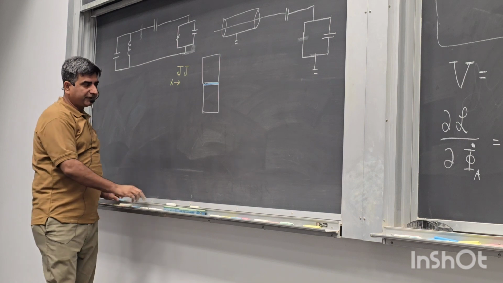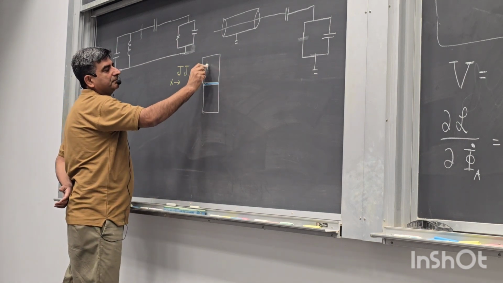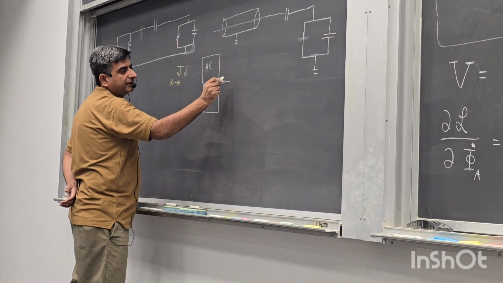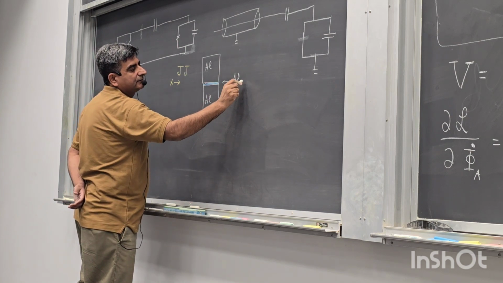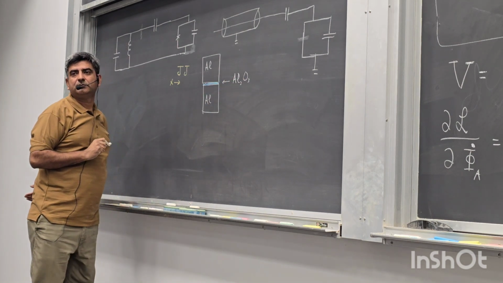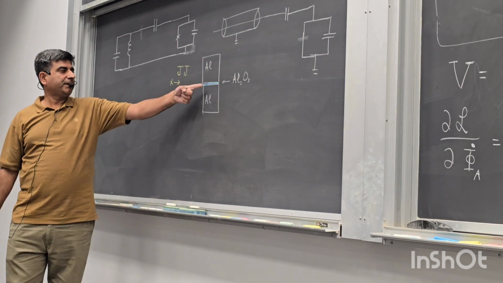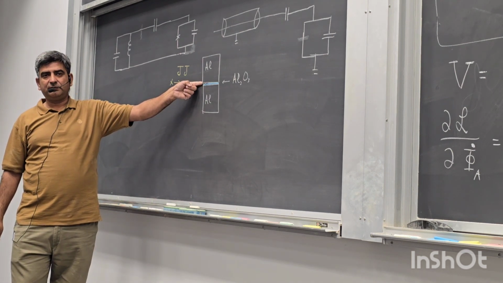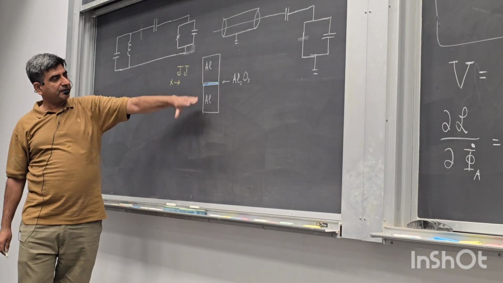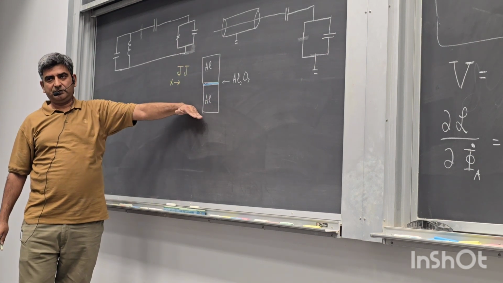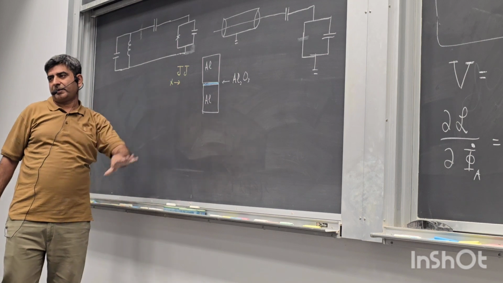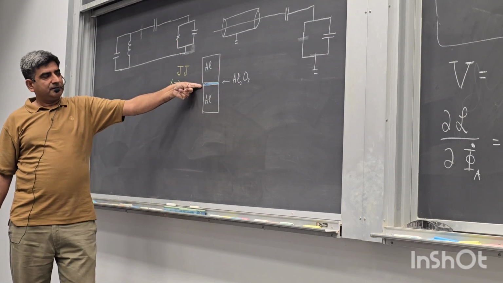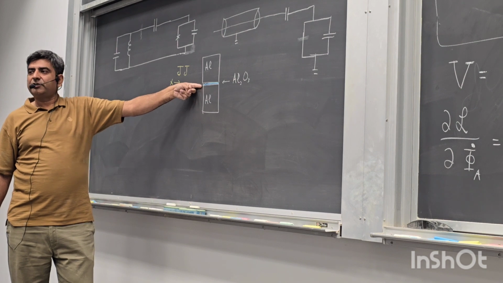So this, for example, could be aluminum superconductor. This could be any insulator, say aluminum oxide. This could be niobium, niobium oxide, or any other superconductor. And all of this is epitaxial, so it's one crystal structure. And everything is at superconducting temperature. So this junction between two superconductors, separated by an insulating barrier, is called a Josephson junction.